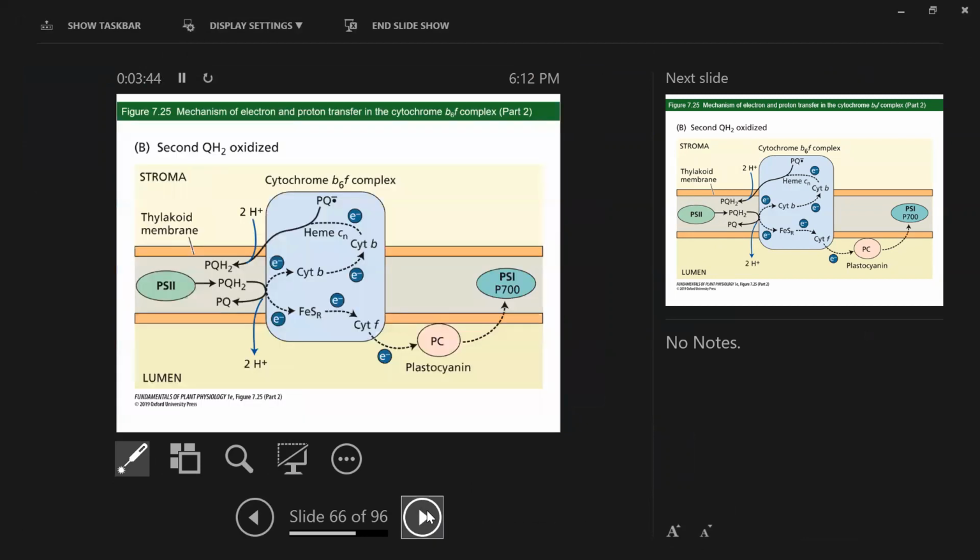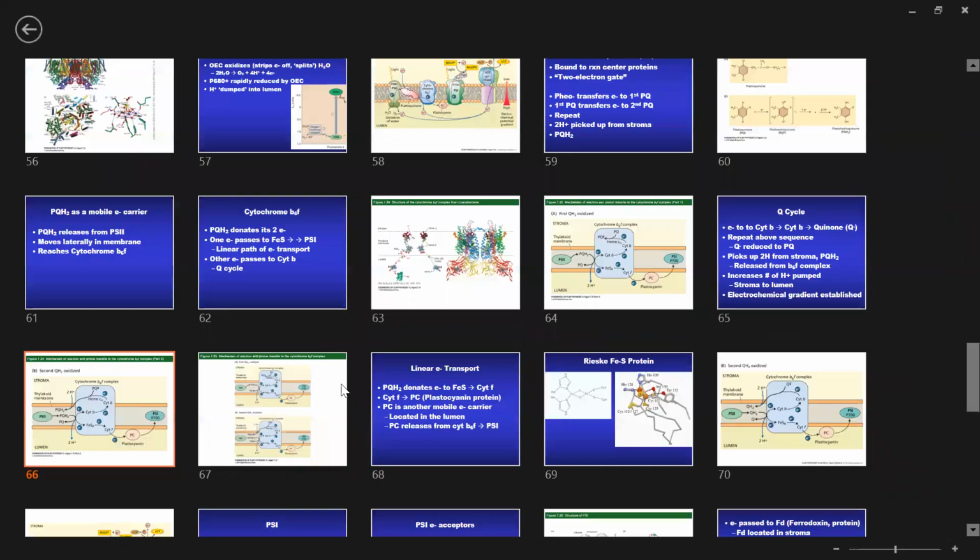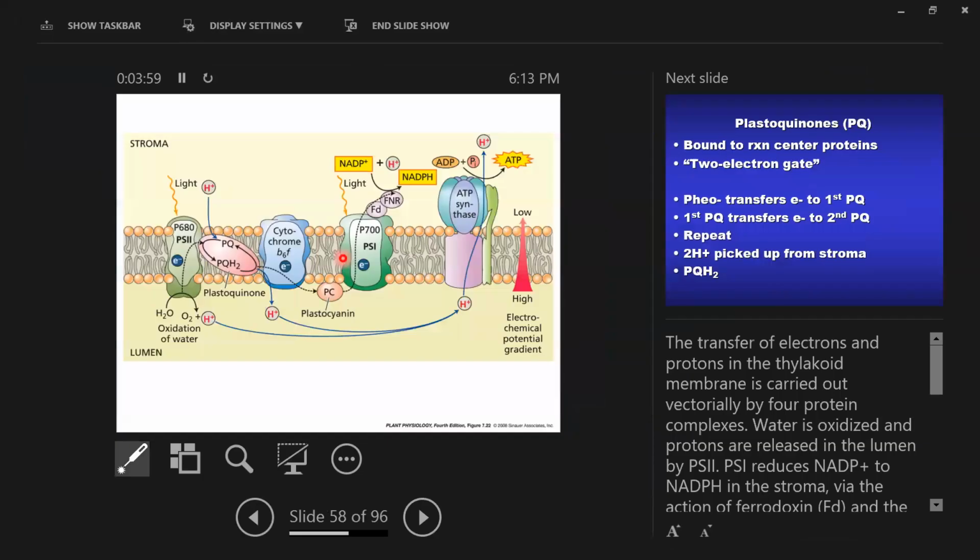No, so yeah, so here is what we consistently see as the PQH2s are doing their thing: you're going to get protons disappearing from the stroma. So even back here with the PQH2, when it's sitting there waiting for its electrons from photosystem 2, eventually it will be grabbing protons from the stroma.